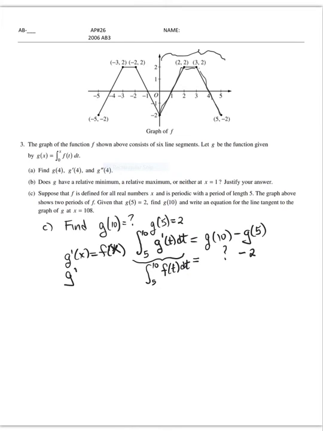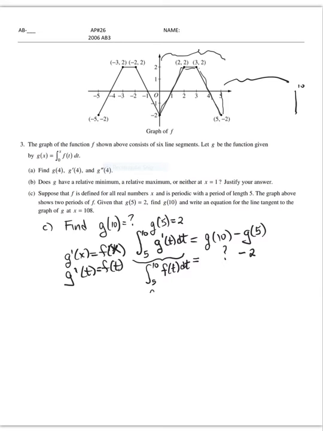So the derivative of g at t gives back f of t. So what this is asking, really, is to find the total net area from 5 to 10. Well, because f has a period of 5, the total net area from 5 to 10 would be the same as the total net area from 0 to 5.